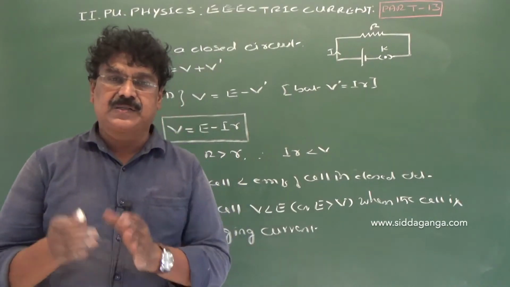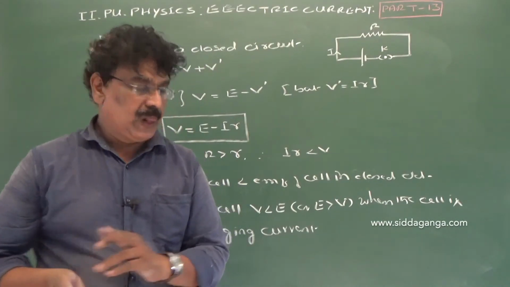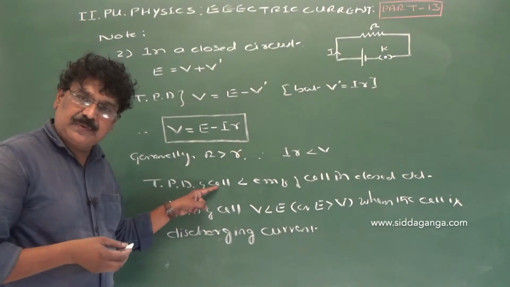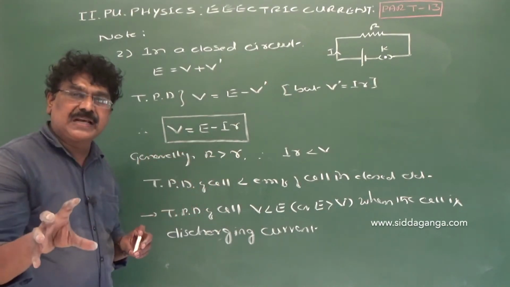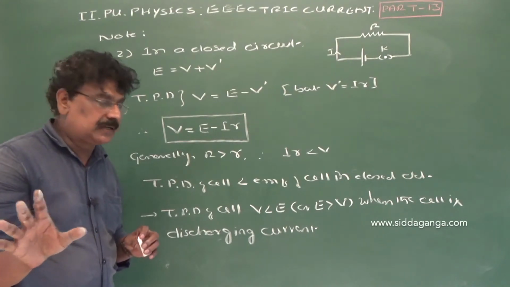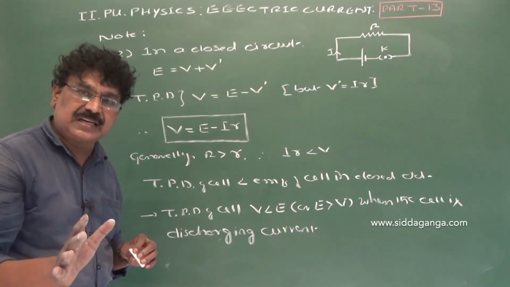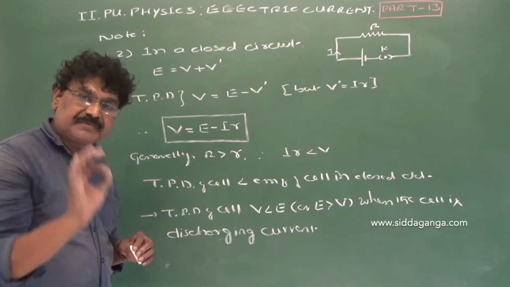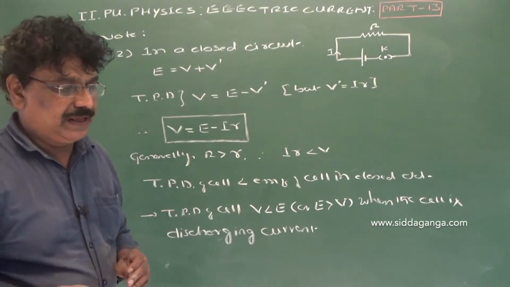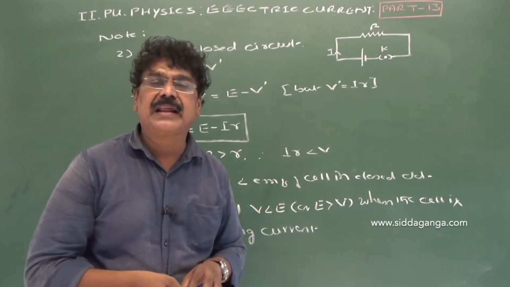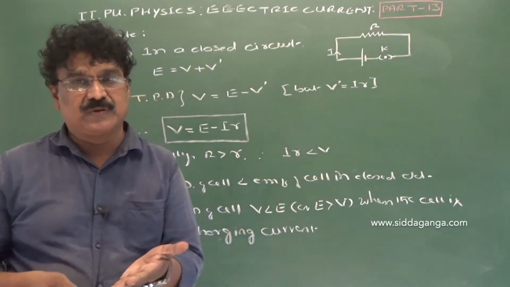Here we come across 4 different cases. Closed circuit, that means cell is discharging. Open circuit, that means cell is not charging or discharging. Third one, when cell is charging. Suppose we have a battery in our smartphones.